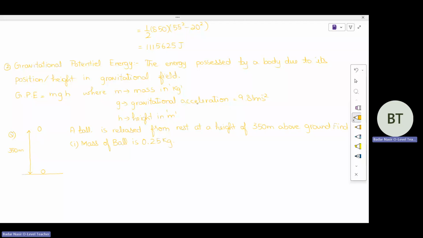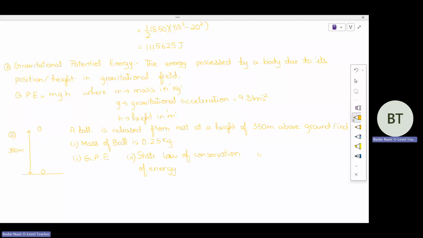So you have to find the gravitational potential energy in the first part. In the second part he asks you to state the law of conservation of energy. So we have to state the law of conservation of energy.